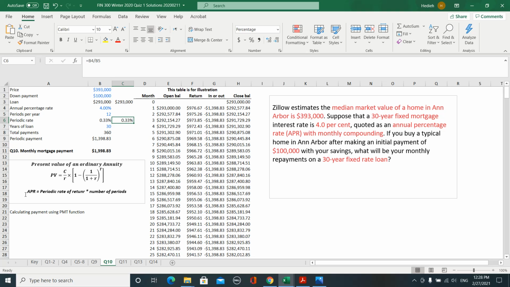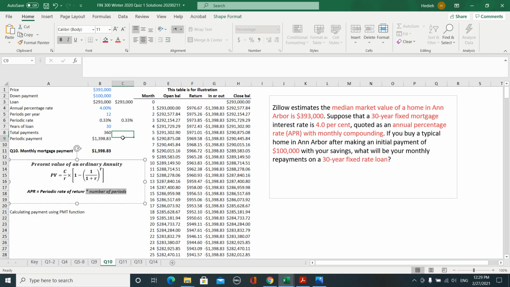So the formula that we had previously was that the annual percentage rate is equal to the periodic rate of return multiplied by the number of periods that you have. Here we have 12 months per year and you have an annual percentage rate of 4%, so just divide 4% by 12 to find the periodic rate of return.